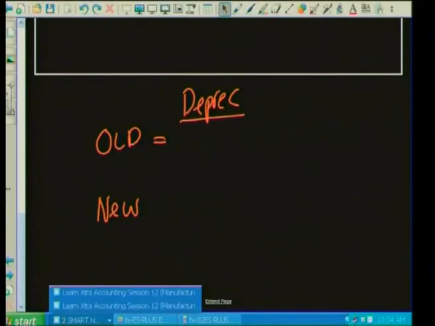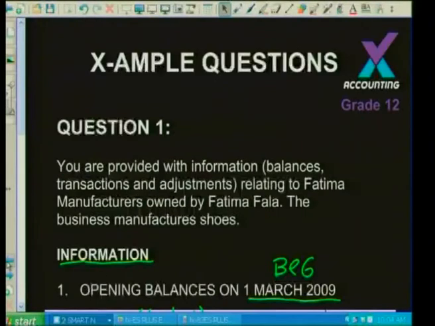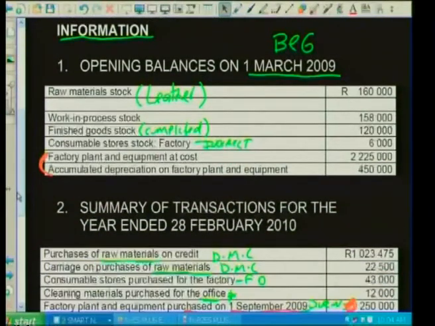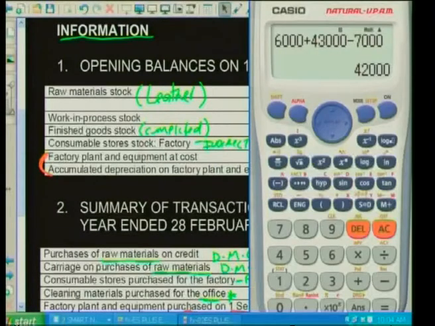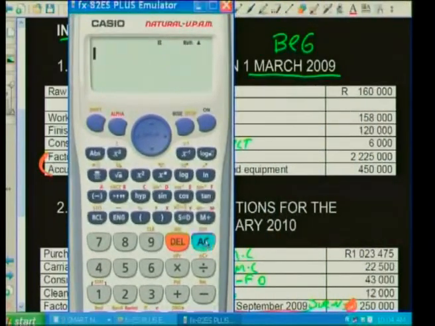So again, guys, I'm going back to the info. Okay, so my old factory equipment, in other words, before I purchased, my factory plant and equipment had a cost of 2,225,000, accumulated depreciation 450,000.